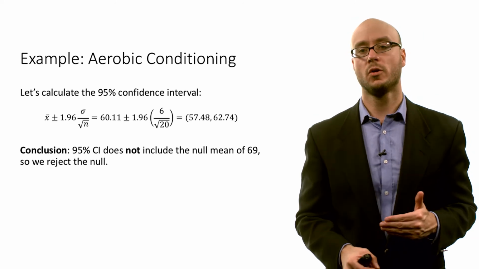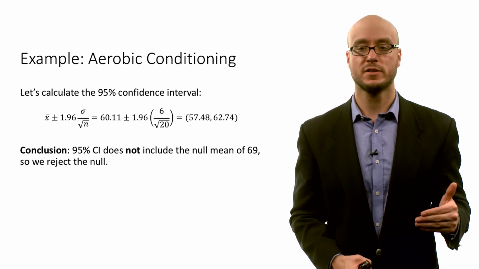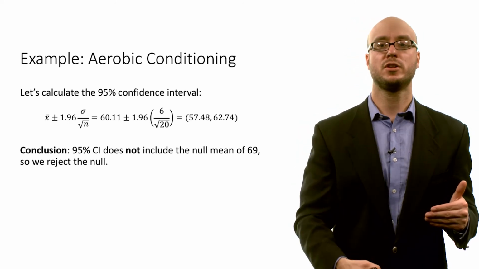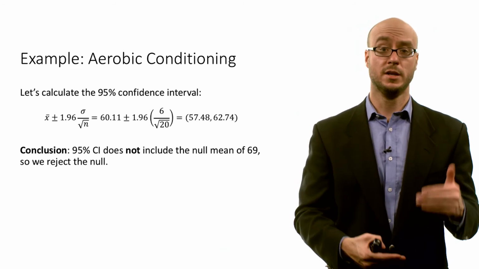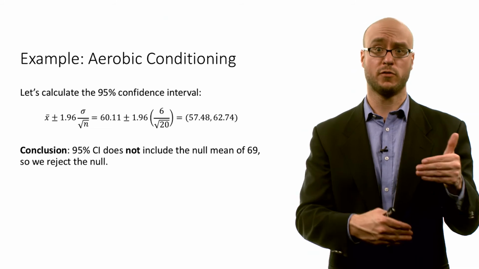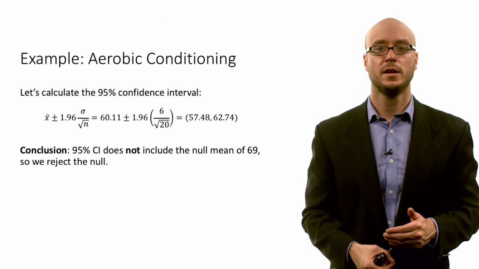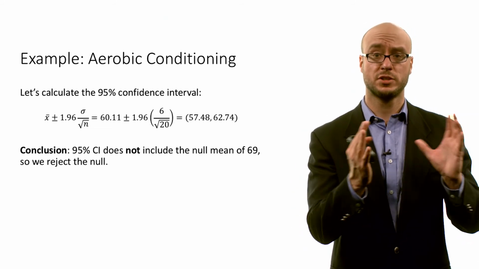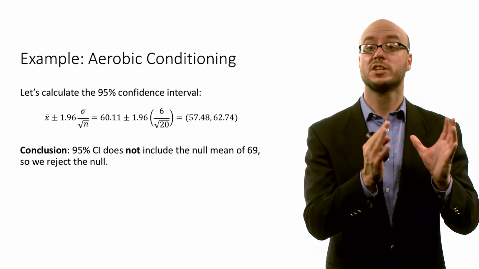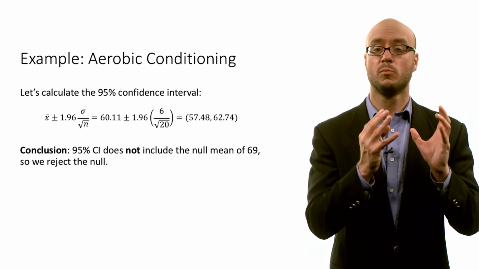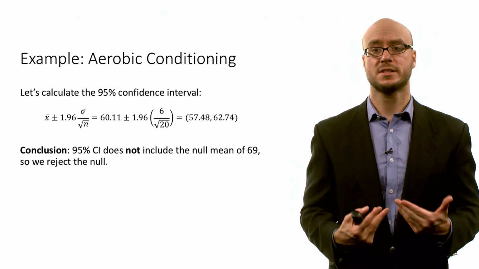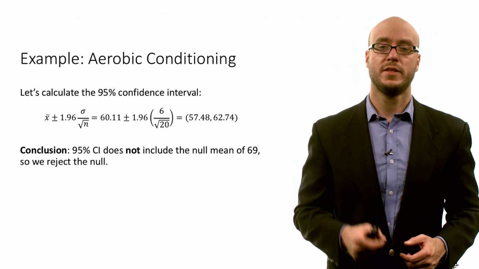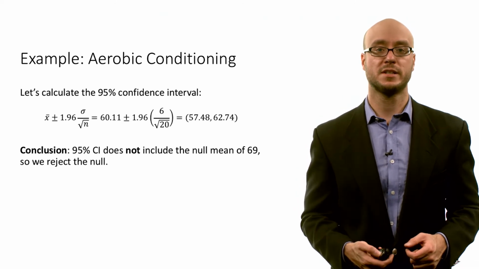Keep in mind, the null is that the mean heart rate of Harvard students is the same as that for the overall population of people living in the United States. So the claim is that mu for Harvard students equals 69. Well, in fact, this confidence interval is much lower, which suggests that Harvard students are more aerobically conditioned based on this sample of data. So in this case, we reject the null that Harvard students have a mean of 69.